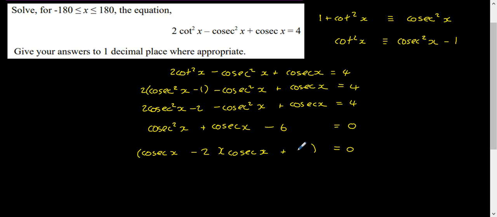So just to check, cosec x times cosec x, cosec squared x, minus 2 cosec x plus 3 cosec x gives us plus 1 cosec x, and minus 2 times 3 is minus 6. So our two solutions we get are cosec x equals 2 and cosec x equals minus 3.